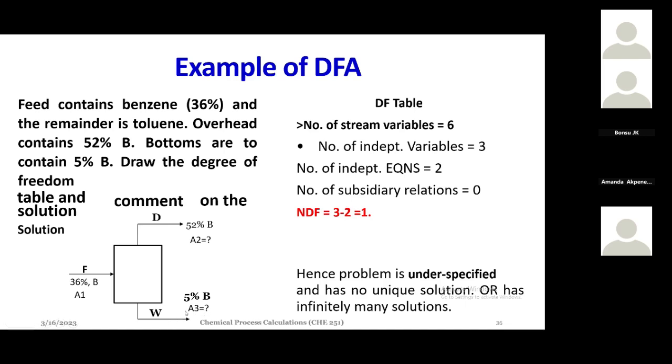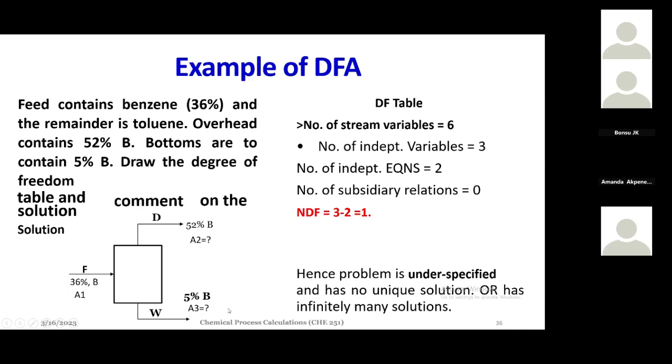Now, when we want to perform the degree of freedom analysis, our A1, A2, and A3 are unknown, but then we can find them, because you know when you sum this and this up, you get 100. So A1 will just be 64. So we know A1 now. We know A2, which will be 48. So we now know A2. Our A3 will be 95%.